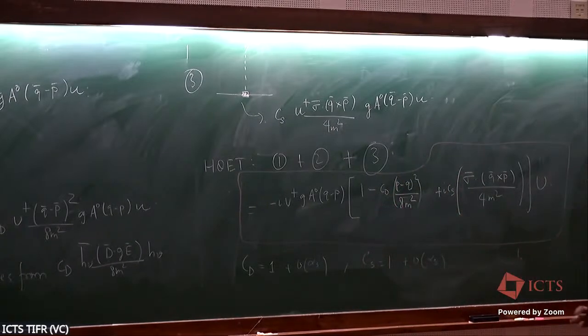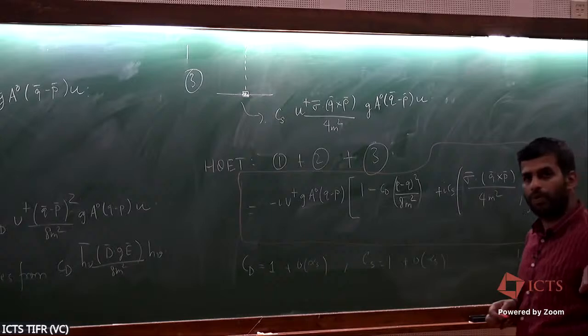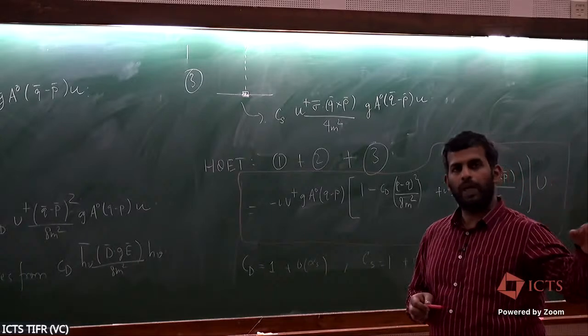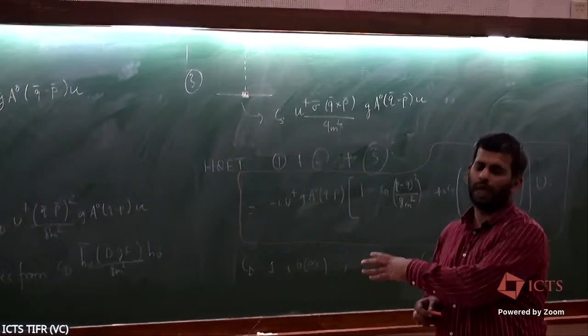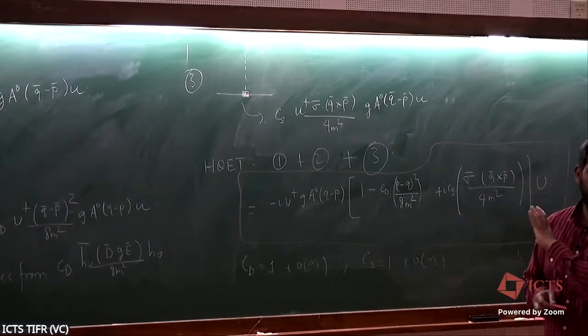So again, the goal of showing this matching calculation is just to demonstrate to you that every time our goal is to have the IR matching same in both the theories. In loop cases, there are these 1 by epsilon IR that sometimes come from the loop calculations, and the 1 by epsilon IR from the full theory has to match with the 1 by epsilon IR from the EFT.